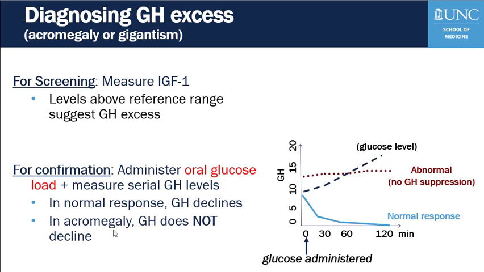In patients with acromegaly or growth hormone secreting tumors, no matter how much glucose is ingested, the growth hormone doesn't respond. So the abnormal line is here in red, and that represents an abnormal response to glucose load, meaning there's no evidence of growth hormone suppression, and that's generally confirmatory for acromegaly.